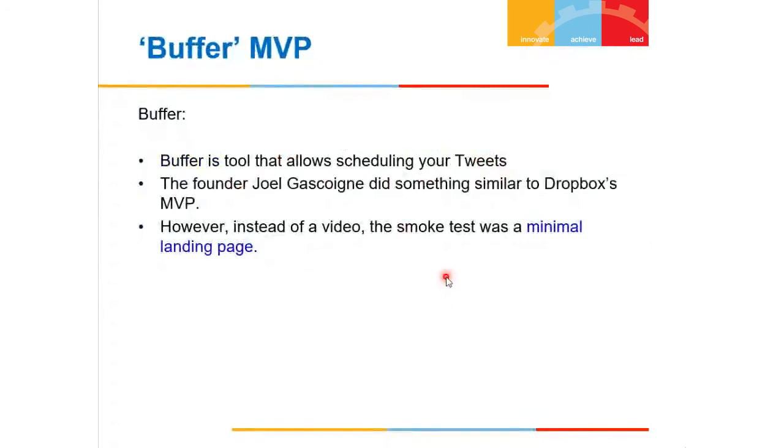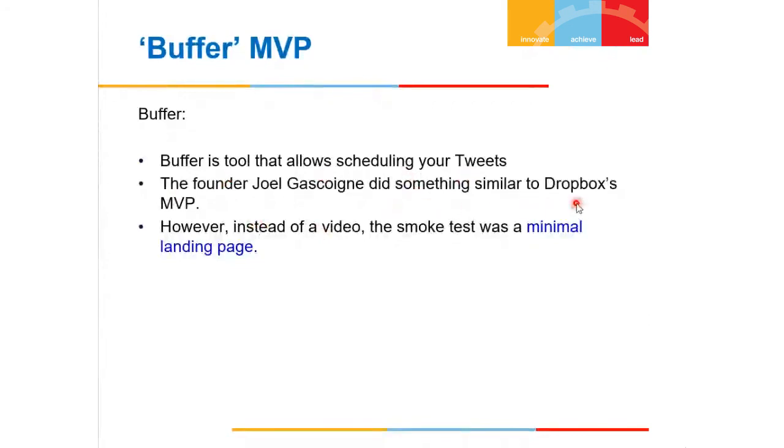You want to send a message at 7 o'clock in the morning tomorrow. So you can keep scheduling these messages at consistent intervals. That was one of the requirements they thought would be useful to many people, or at least some people. So it was a tool to schedule tweets, and the founder did something like Dropbox.